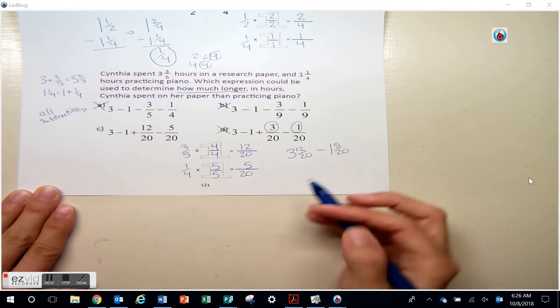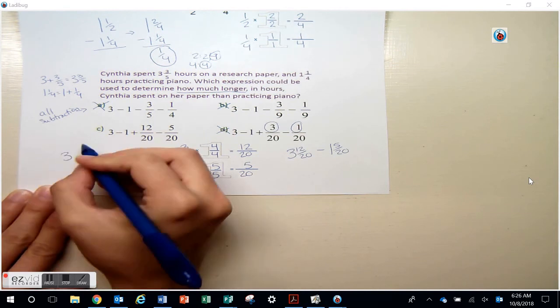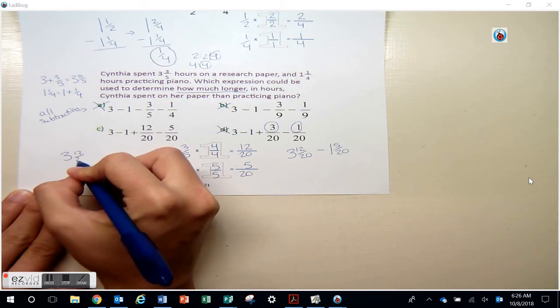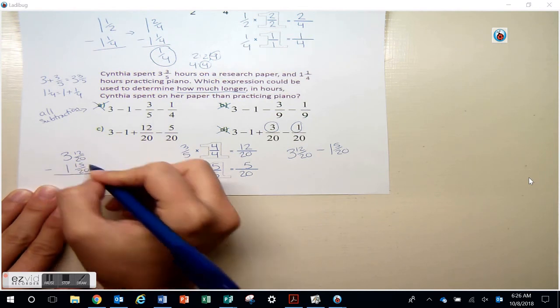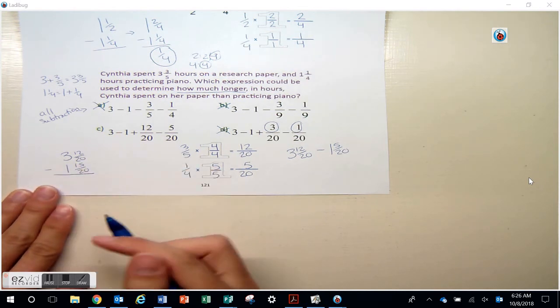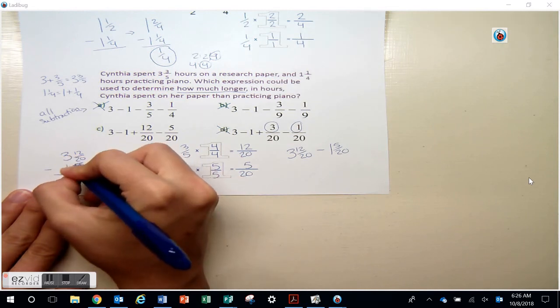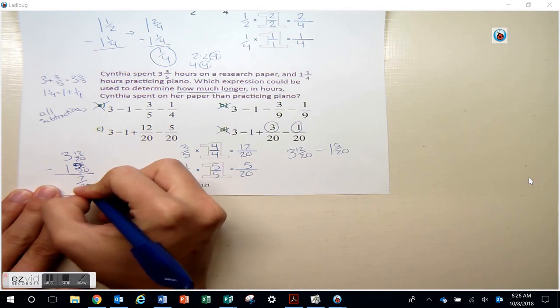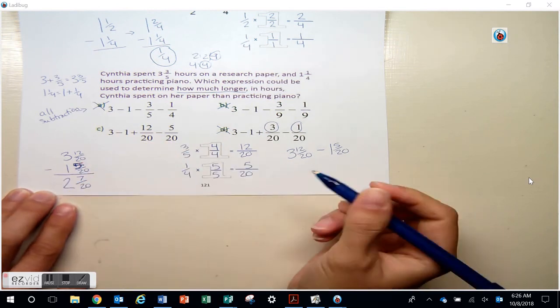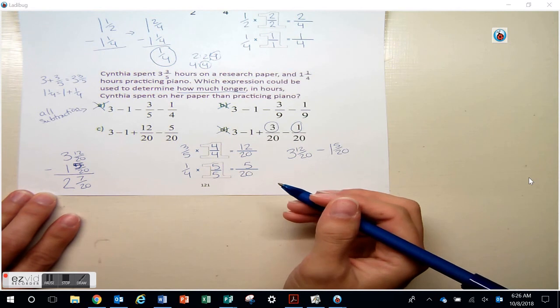Let's just double check. So let's do 3 and 12/20 minus 1 and 5/20. 12 minus 5 is 7/20. 3 minus 1 is 2, and 7/20 is what we get.